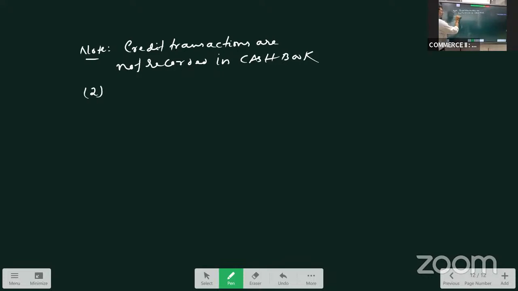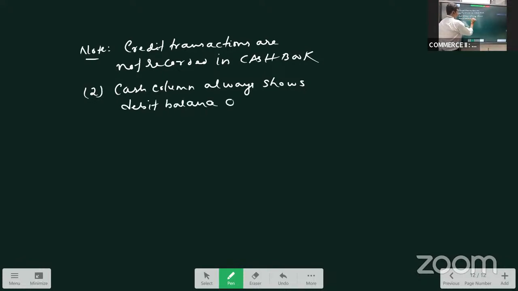And second, cash or cash column always shows debit balance only. In short, in a simple column cash book, the amount column will always show debit balance.